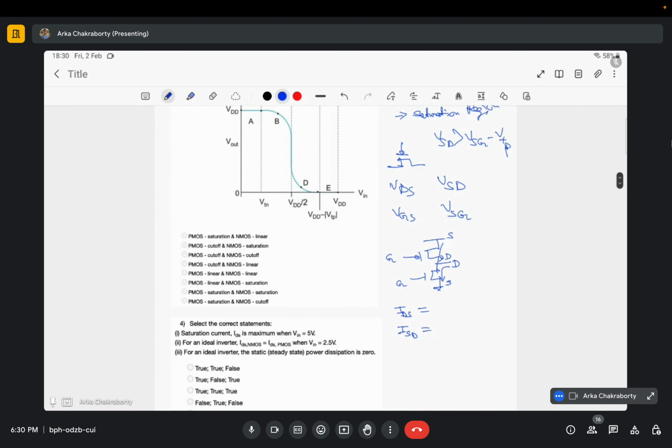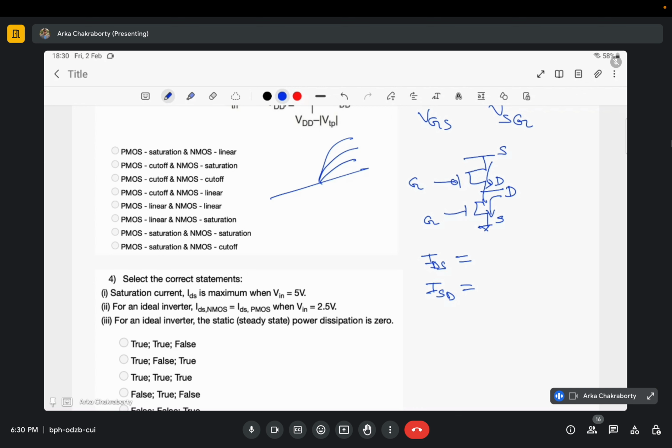Now when sir drew this curve in the lecture, where does this curve come from? You have to think on it. Let me quickly go through it, because I believe these kinds of things are very crucial to understand the concepts. This was my VDS and this was my IDS.